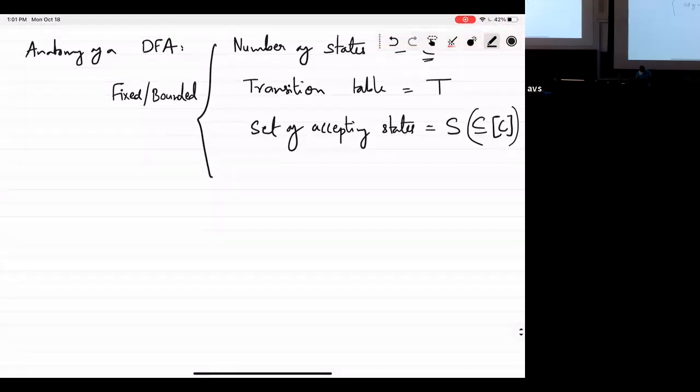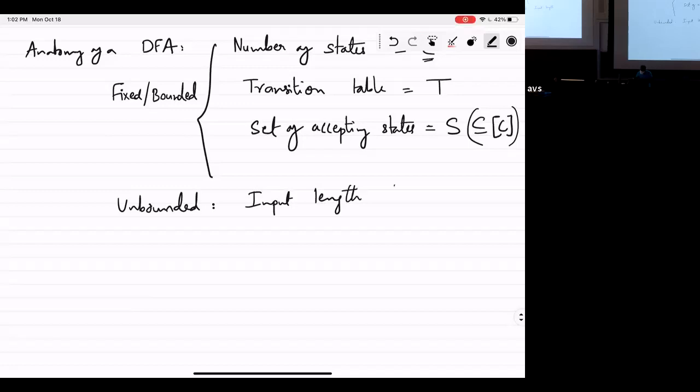And what is unbounded? One is, they can process inputs of arbitrary length. So a DFA, even if it has only 2 states, can still compute on any number of bits. It can process strings of an arbitrary bit length.